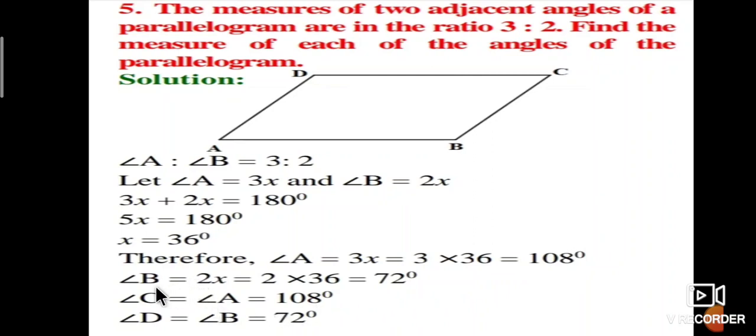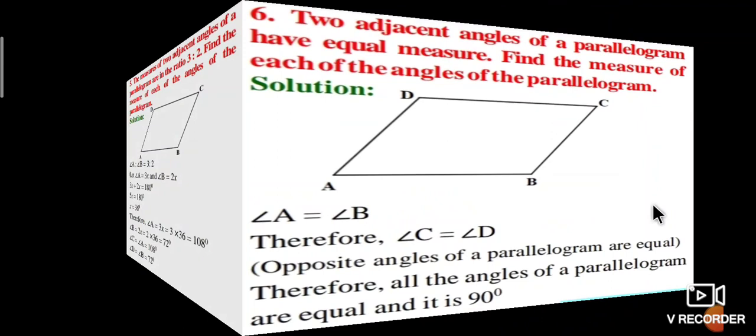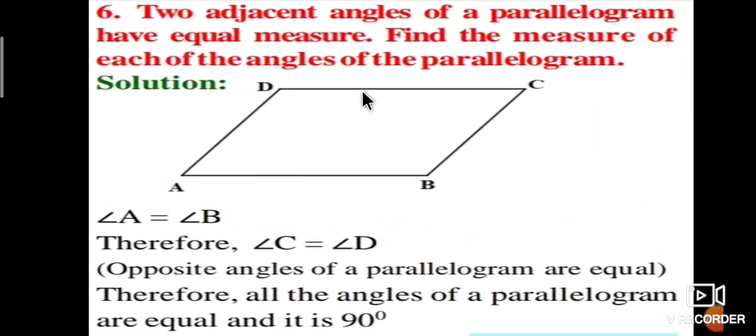Angle B is equal to 2x, that is 2 into 36 degree, that is 72 degree. Angle C is equal to angle A, that is 108 degree. Angle D is equal to angle B, that is 72 degree.